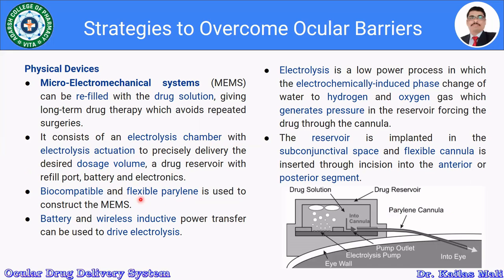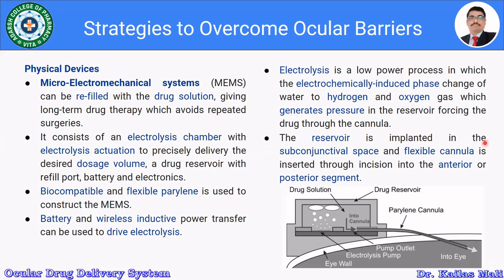Biocompatible and flexible parylene is used to construct the MEMS. Battery and wireless inductive power transfer can be used to drive the electrolysis. Electrolysis is a low power process in which the electrochemically induced phase change of water to hydrogen and oxygen gas generates pressure in the reservoir, forcing the drug through the cannula.